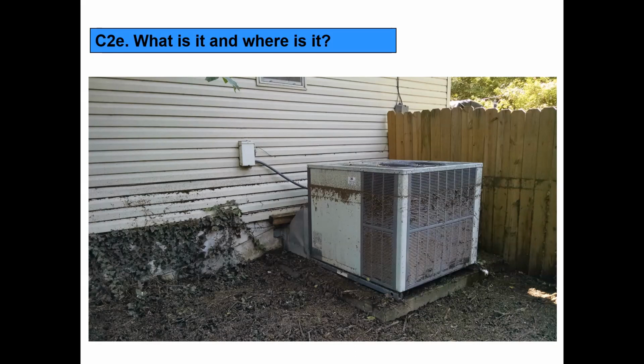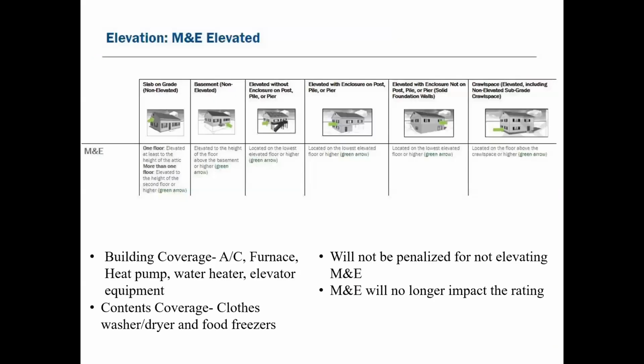FEMA did a study a couple years ago and found out they were paying out a lot of claims on HVAC units that were left outside on the ground. So they changed that to now where we elevate utilities, and it's an important part of our grant that we're making sure that communities have people elevating their utilities as well. It makes sense to do that. You don't want to leave them on the ground where they're susceptible to flooding.